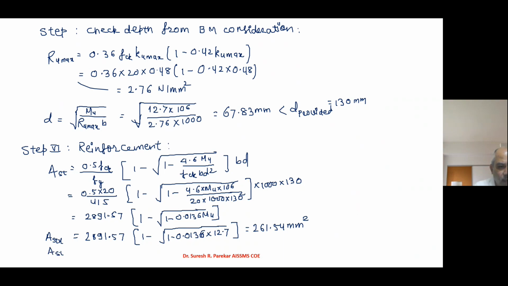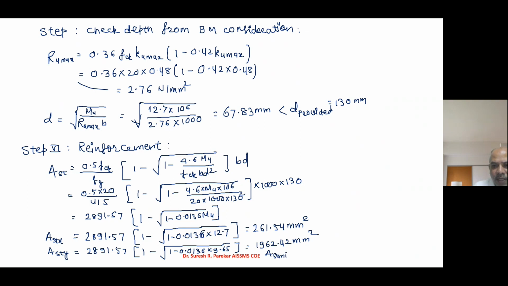Then we have AstY, which is equal to 2891.57 in bracket 1 minus root of 1 minus 0.0136, and we have Mu y 9.65, and that will give us 196.42 millimeters square. Now we have Ast minimum.